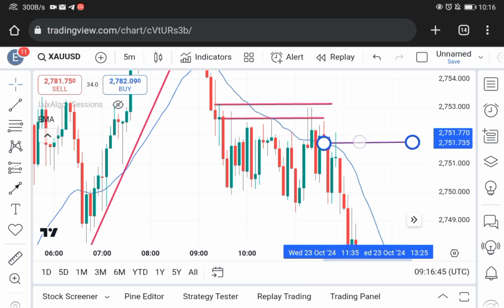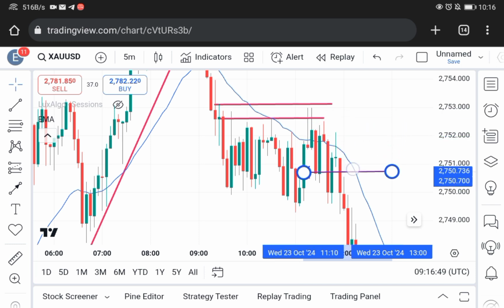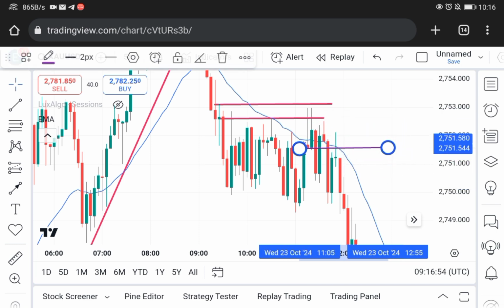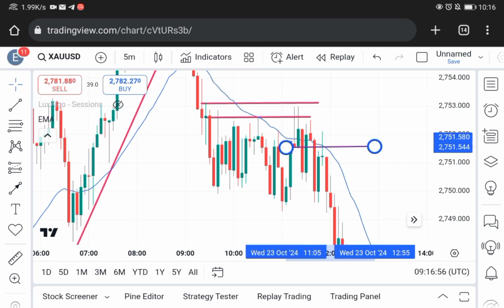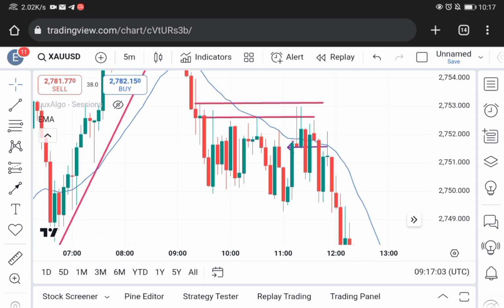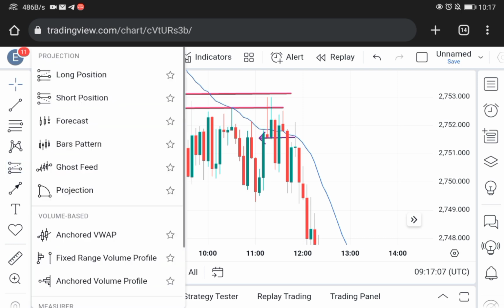Once you get contact with the 30 EMA, look for an engulfing pattern. The engulfing pattern happens right here, and you place your trade at the green candle. If it is bearish, you place it at the green candle. If it is bullish, you place it at the red candle. So you place your trade right there.